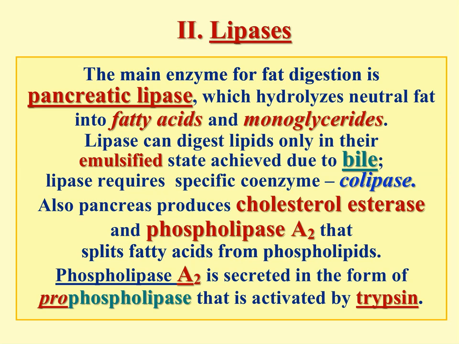It can be easily explained why it must be inactive initially: phospholipids are the main components of membranes, and if membranes were digested, it would result in digestion of all the cells, activation of all the rest of the enzymes by lysosomal enzymes, and so autodigestion of the gland. So all proteases are secreted in the inactive state, and so is one more enzyme, phospholipase A2.